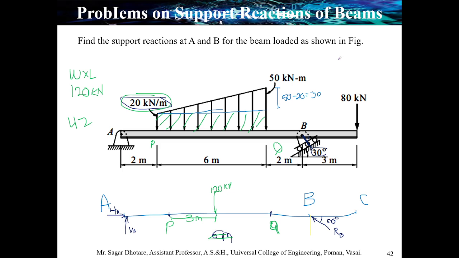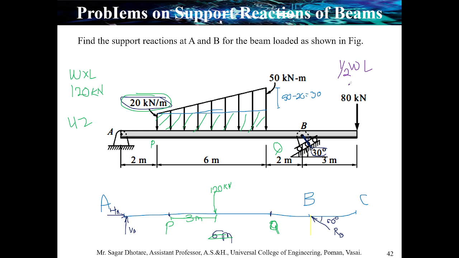Okay, so let us start. For UVL, the magnitude is the remaining 30 kilonewton. So the value of W to convert is 30 kilonewton per meter. To find the single force value, that is 1/2 W into L. So 1/2 into W is 50 into L is 6.0.